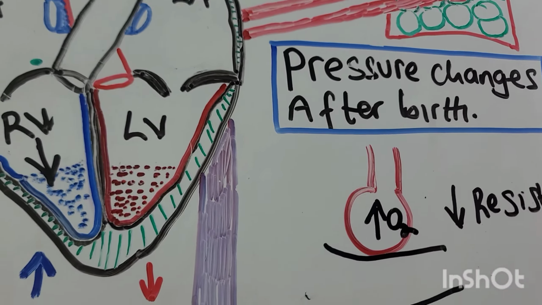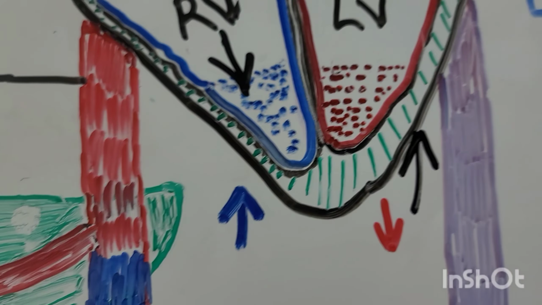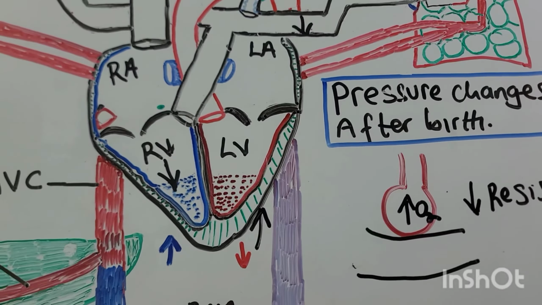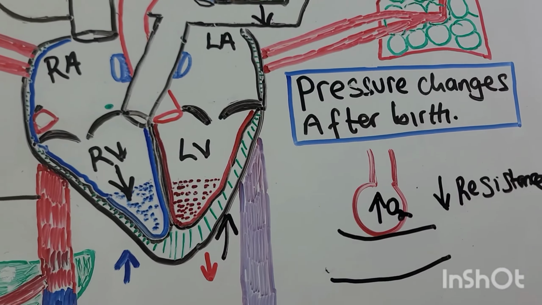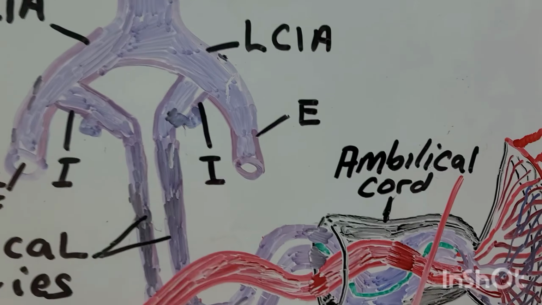Okay, now that we have seen that we are going to have an extensive amount of pressure in the left side of the heart, let's go ahead and see what events are going to happen after birth. We said that we cut our umbilical cord.